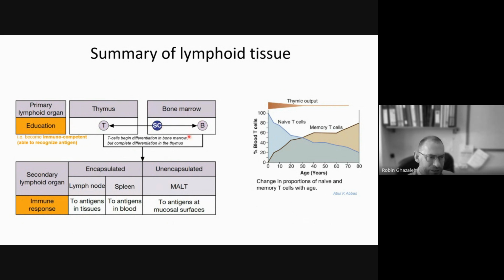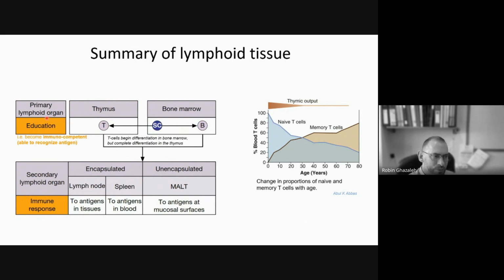Both B cells and T cells begin their life in the bone marrow, indicated by the fact that the stem cell is in the bone marrow. But the T cell then migrates to the thymus, and it completes its differentiation there.